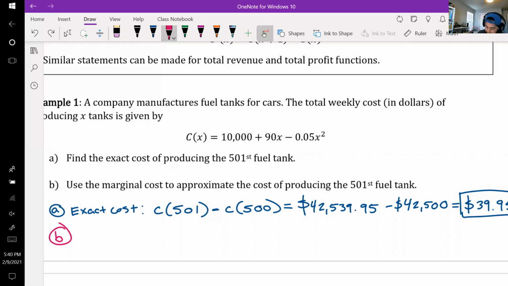So we're going to say C prime of X, and what is the derivative of 10,000? Is 10,000 a constant? Yes. Then what's the derivative of 10,000? 0. Good.